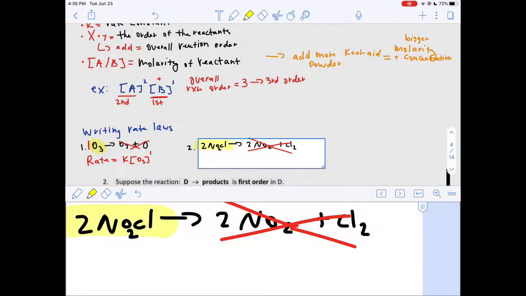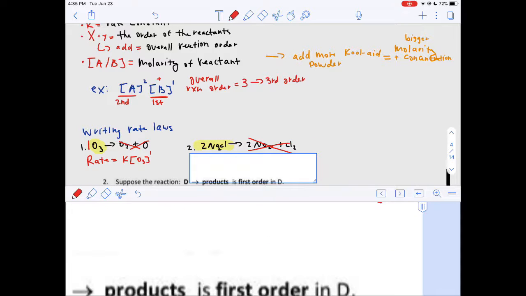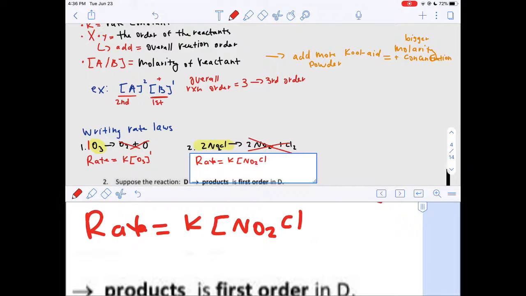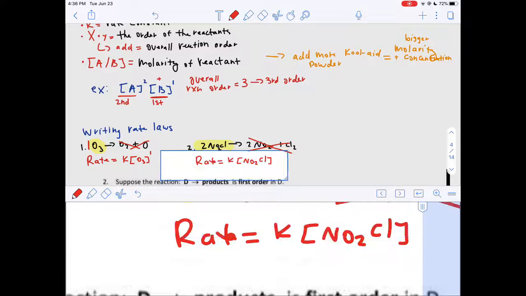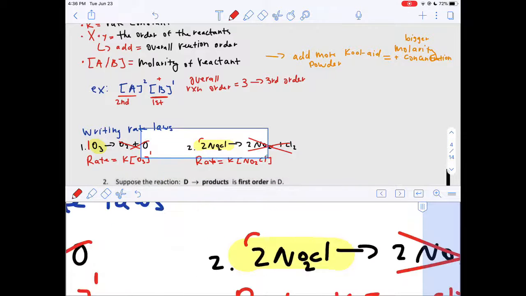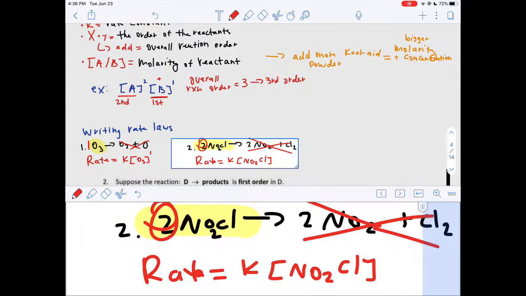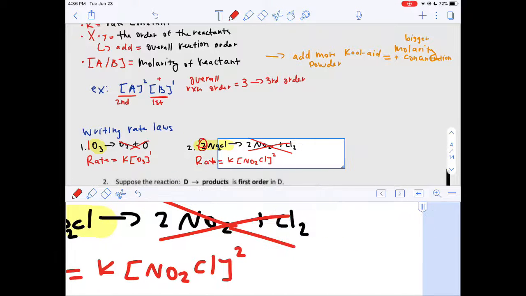This is the only thing you need to write out your rate law. So it's rate equals K times the concentration of NO2Cl. Since there's two of these, you know it's going to be to the second power, which means second order.